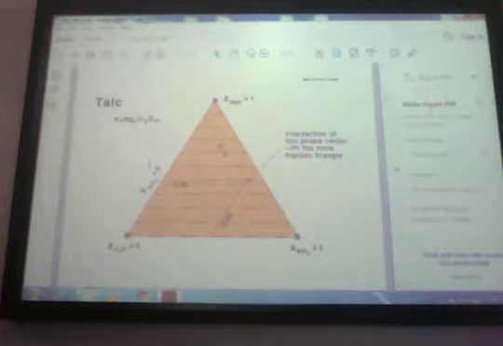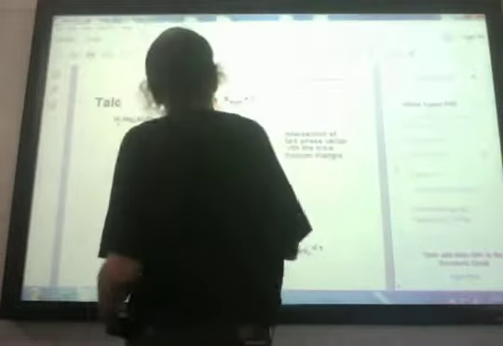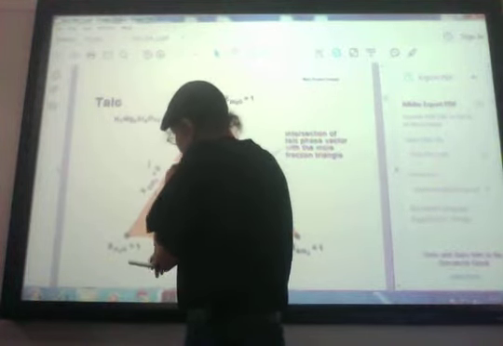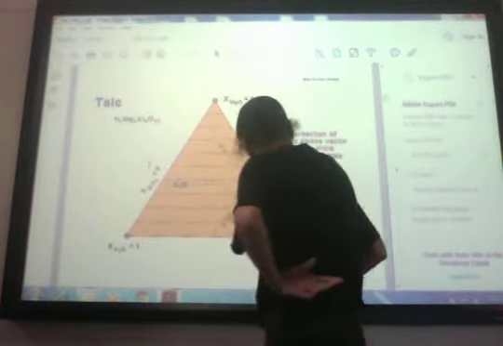Yes, and if you have drawn the triangle, then you should subdivide the triangle in lines. So I told you, here the XMgO is 1. Here the XH2O is 1.